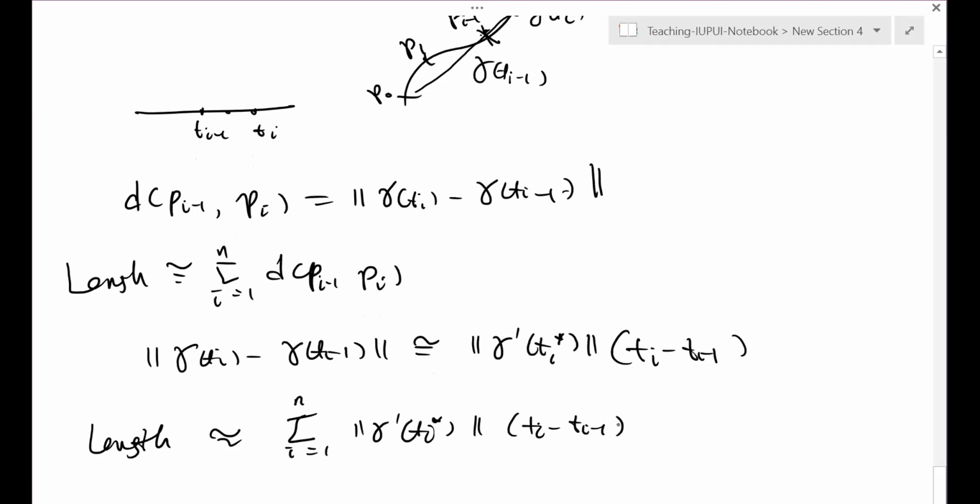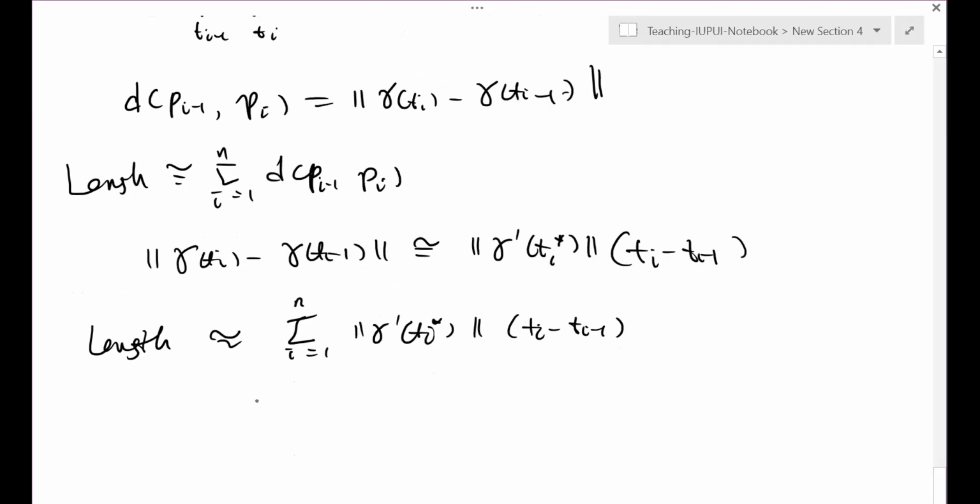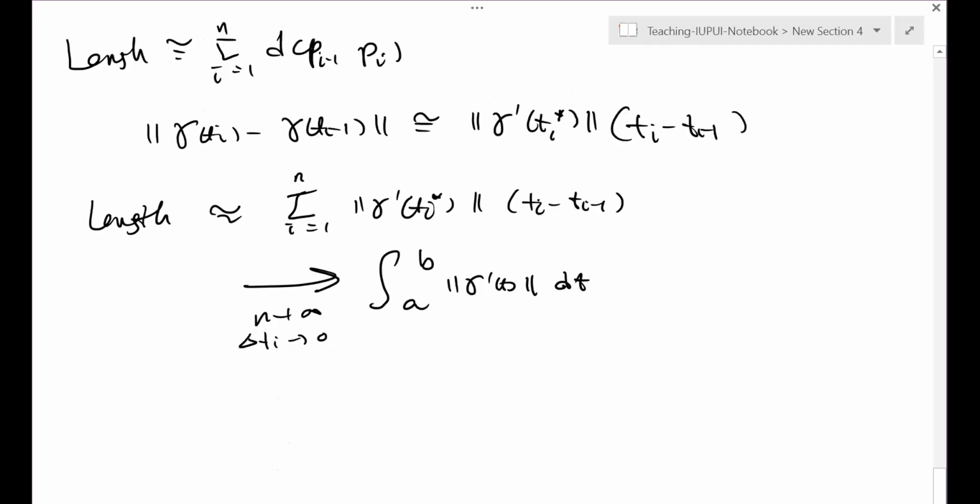Right. So what is this? If you take the limit, it's nothing but this integral. So we have the formula.